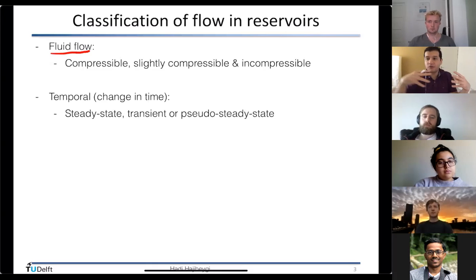And it's not that we have fully compressible or fully incompressible. There is a slightly compressible range as well. I've covered it already in the simulation course. So we can be fully incompressible, we can be slightly compressible, and fully compressible.